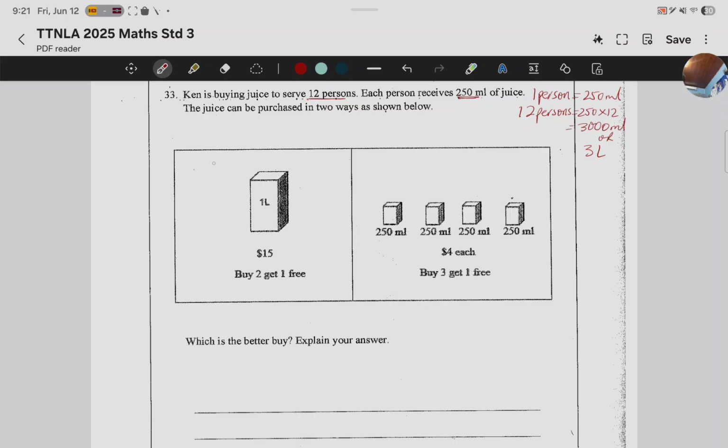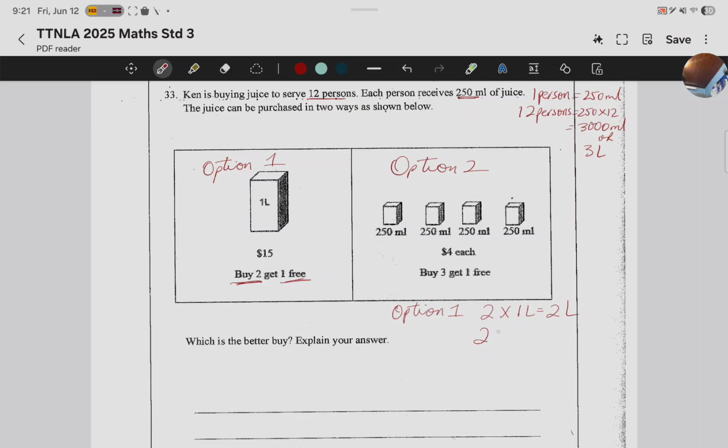So let's look at, I'll call this option 1, and option 2. Let's look at option 1. Option 1, you're buying 2 and getting 1 free. So basically, you're buying 2 one-liters. 2 one-liters will give us 2 liters.